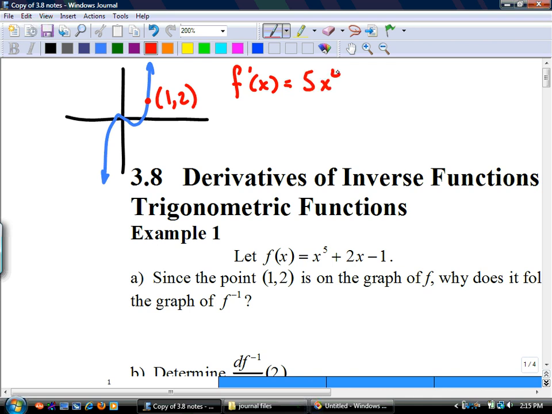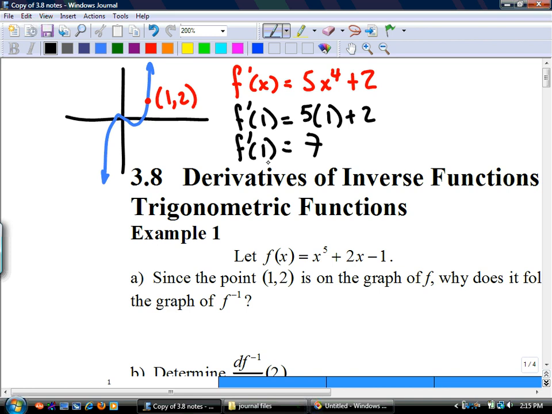Only if you're crazy, the definition of the derivative. You would only use it if I told you to use it, hopefully. So the slope when x is 1 is 7, quite steeply. There's that.